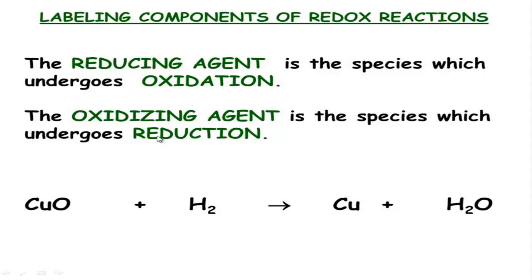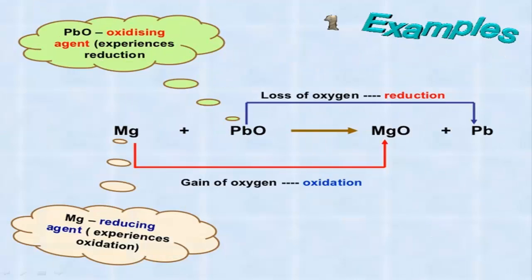So the oxidizing agent helps in oxidation of the other reactant but is itself reduced, and the reducing agent helps in reduction of the other reactant but is itself oxidized. I hope you clearly understand. Now follow the example.